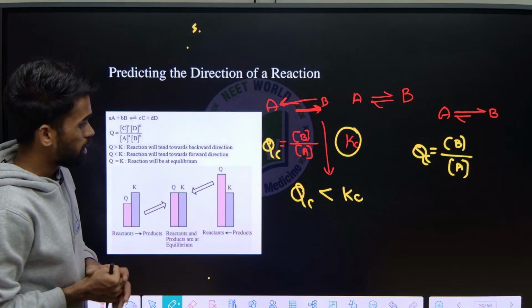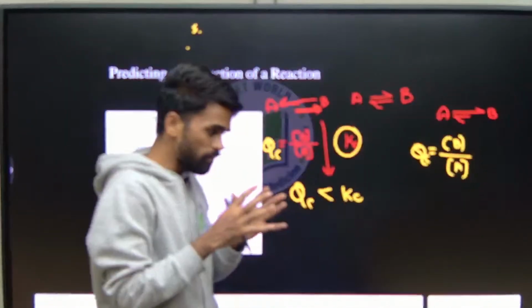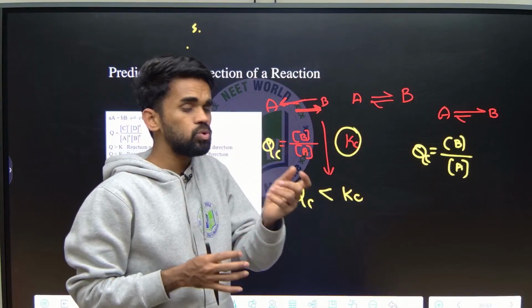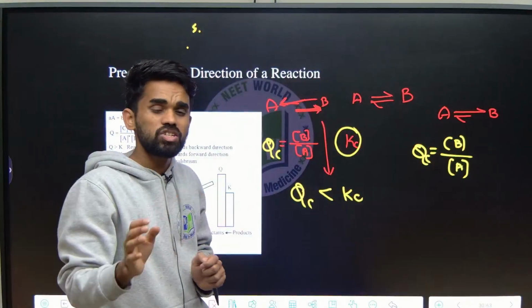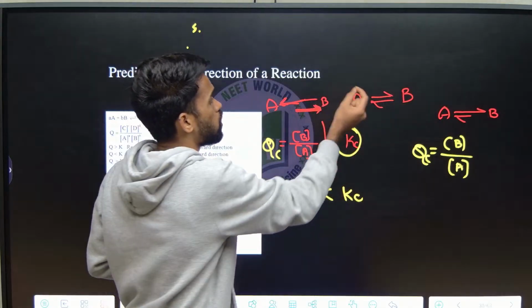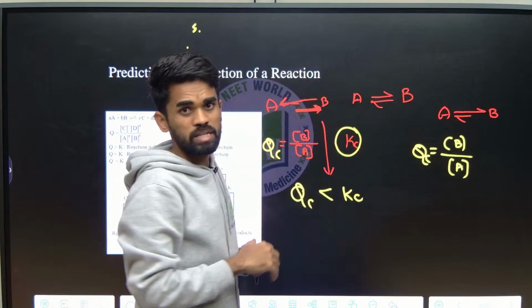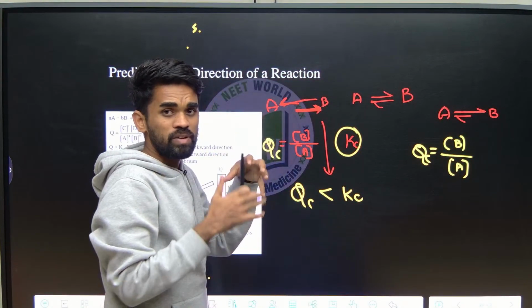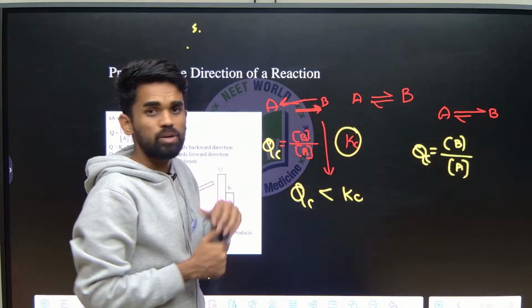So when Qc is less than Kc, remember, the reaction is favoring forward, we are saying. Due to some disturbance it might be happening like that, but any reaction which has reversibility will always tend to attain its equilibrium state, whether it is moving backward or forward. If we adjust the conditions properly, it will tend back to its equilibrium state.